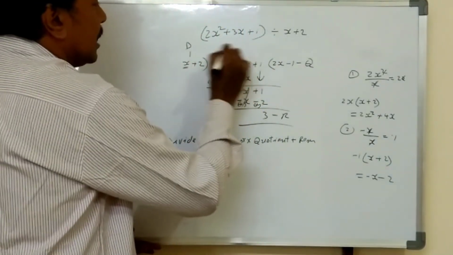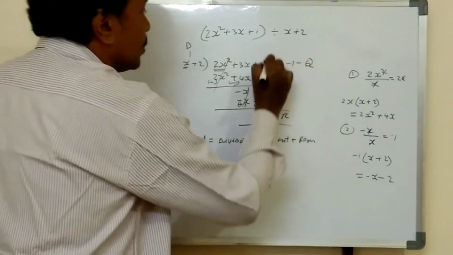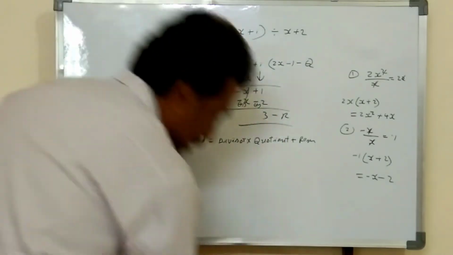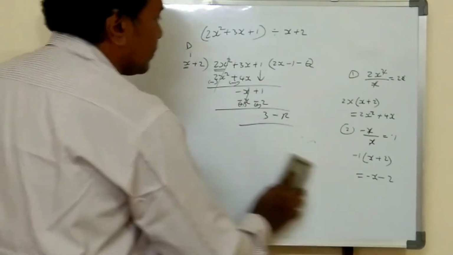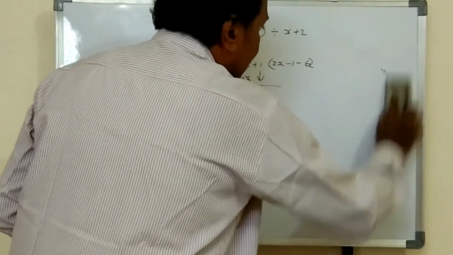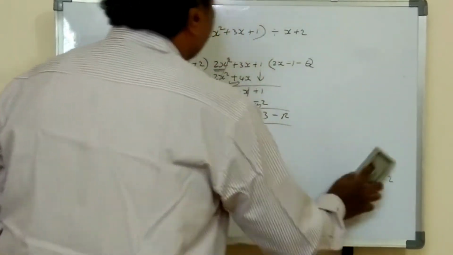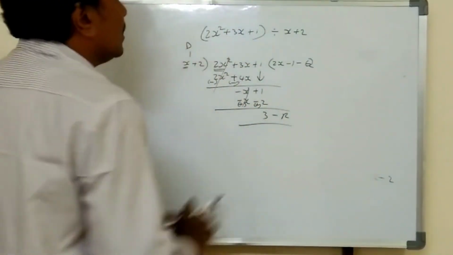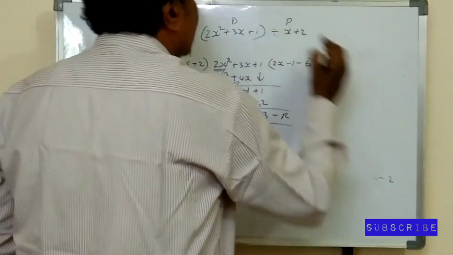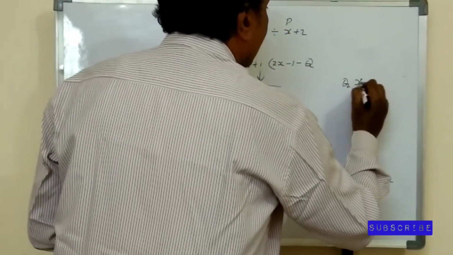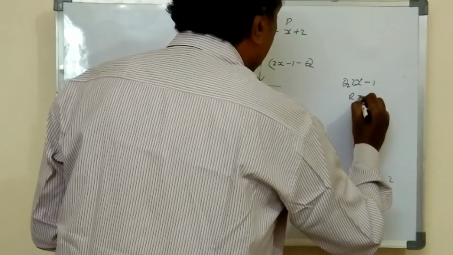According to that we will verify. So we'll write this here. This is the dividend, this is the divisor, the quotient is 2x minus 1 and the remainder is 3.